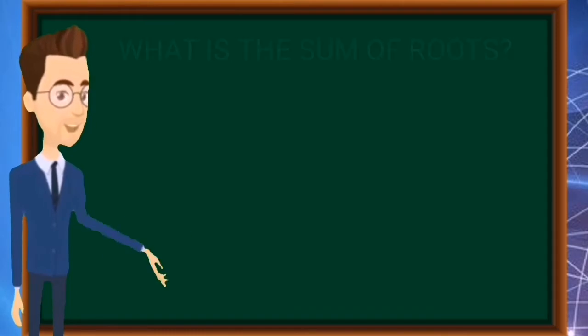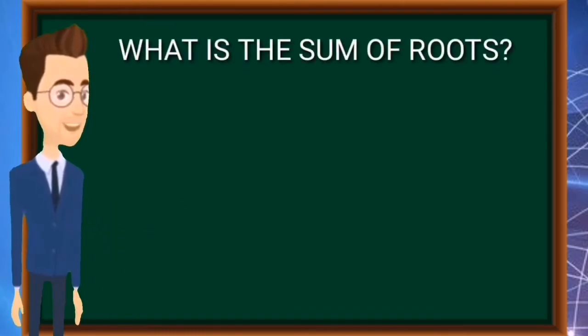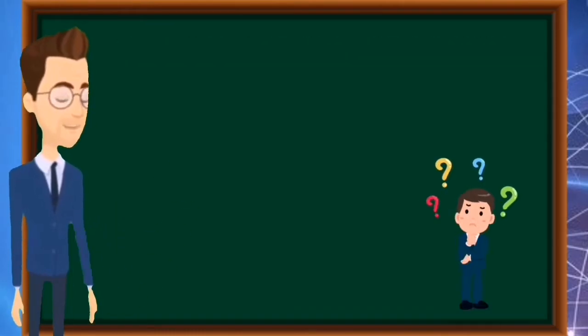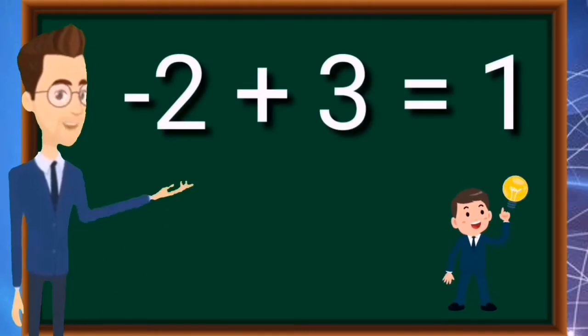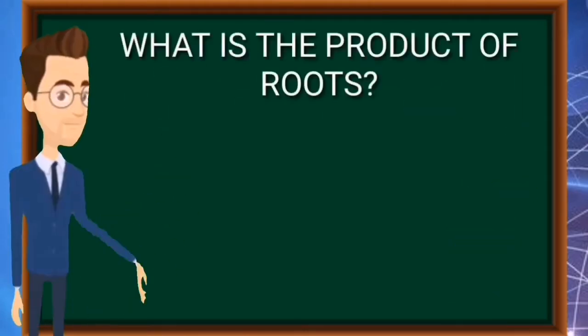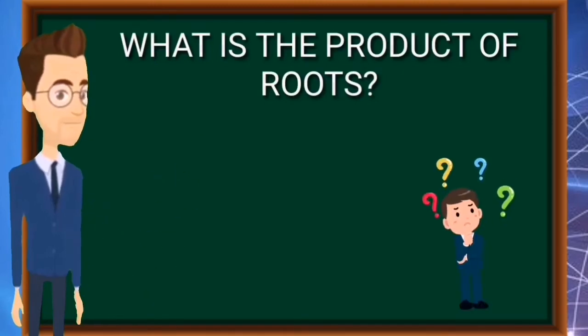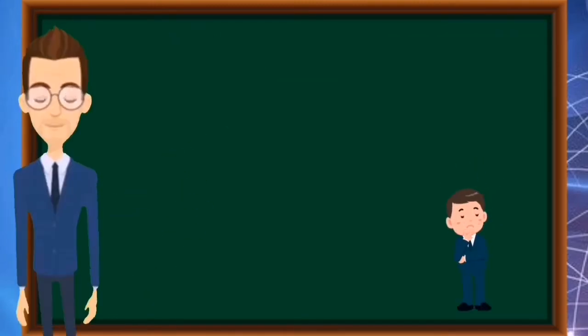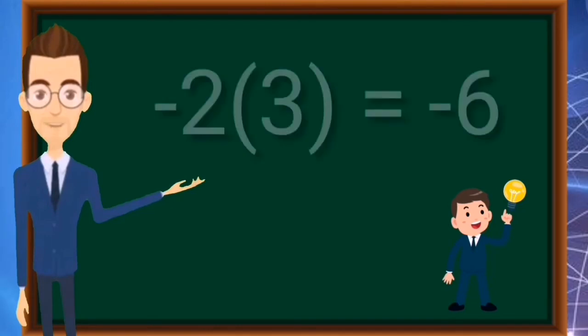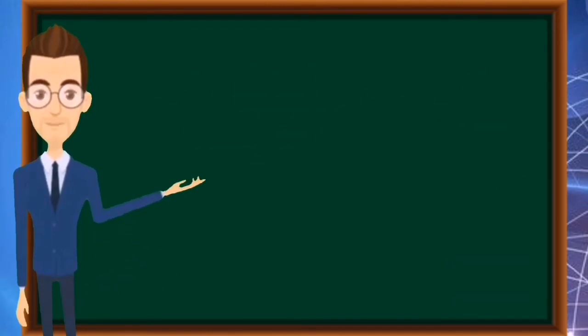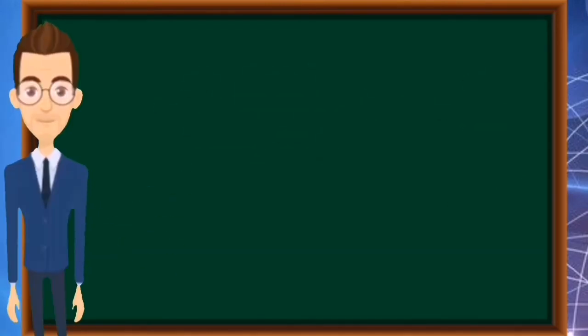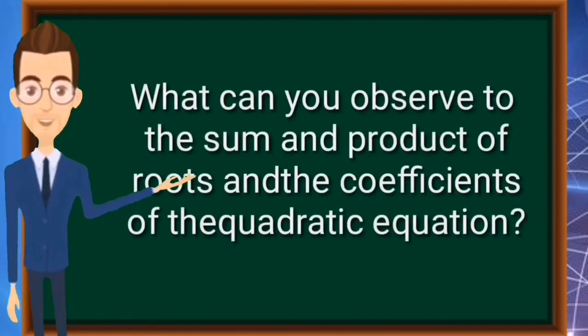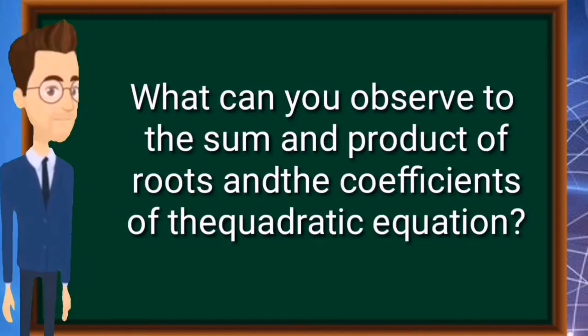So, what is the sum of roots? Correct! The sum of roots is 1. How about the product of roots? You're right! The product of roots is negative 6. Regarding the activity, what can you observe about the sum and the product of roots and the coefficients of the quadratic equation?